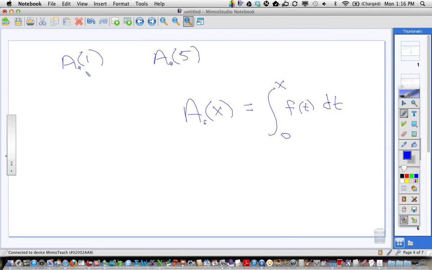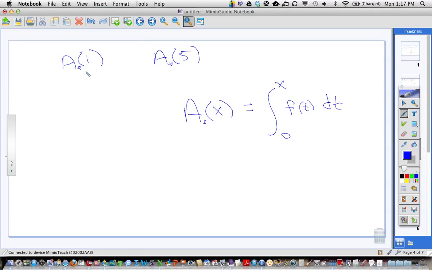So let's talk about slope first. That graph there is little f. Big A is what? Antiderivative. So that blue graph is really what of A? Slopes of A. So let's think of it in terms of slopes. So what's going to be bigger, A of 1 or A of 5? A of 5. Why? Because it's increasing for longer.